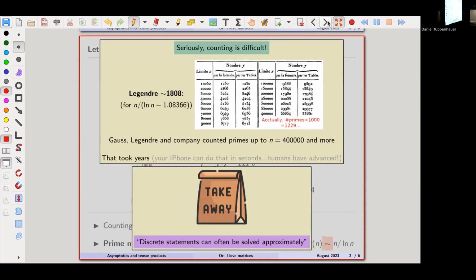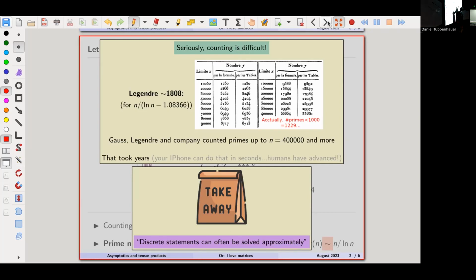So coming back to Johnny's comment, here's a famous table by Legendre, the earliest reference I found, 1808. Legendre already had the correct formula, with a correction from before to make the formula nicer. And Legendre miscounted, as far as I can tell.